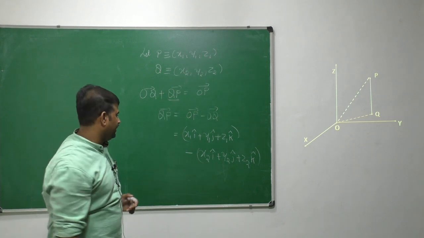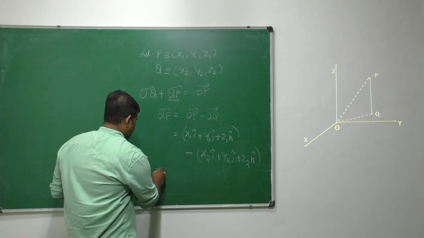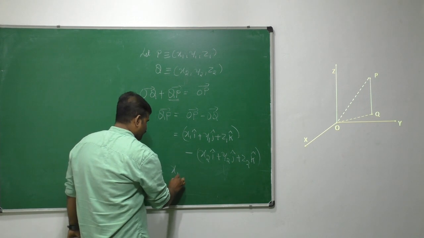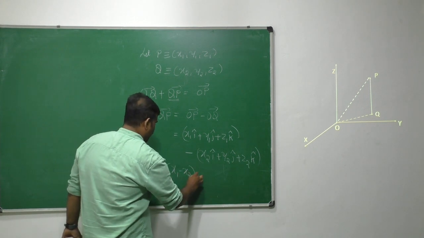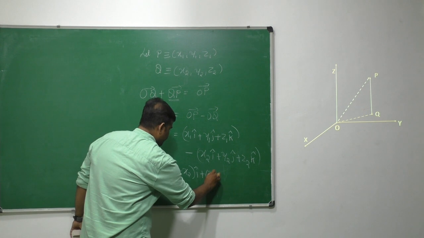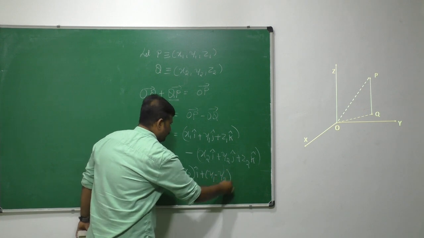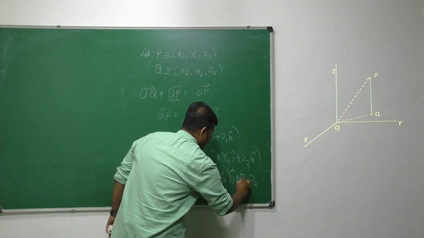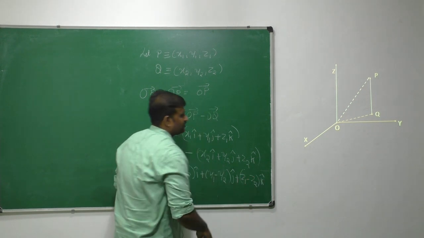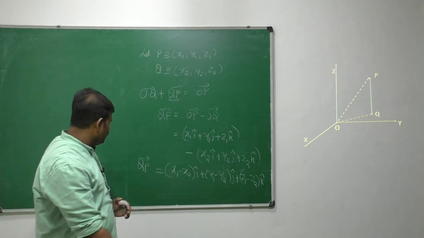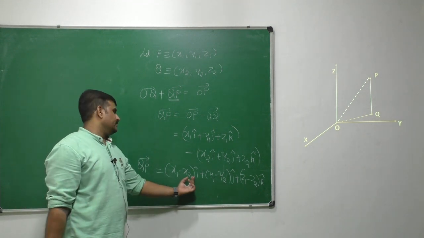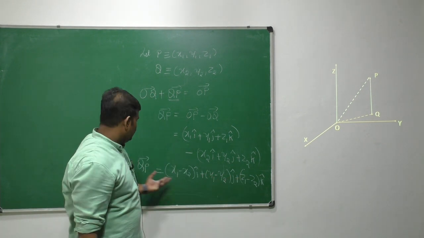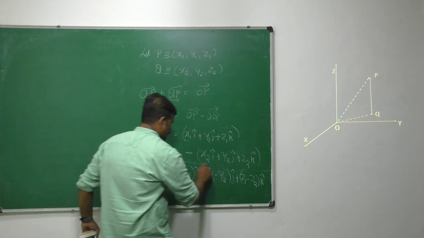So what is the difference of these two? Clearly vector QP is equal to (x1 minus x2) i cap plus (y1 minus y2) j cap plus (z1 minus z2) k cap. This is the vector joining 2 points.